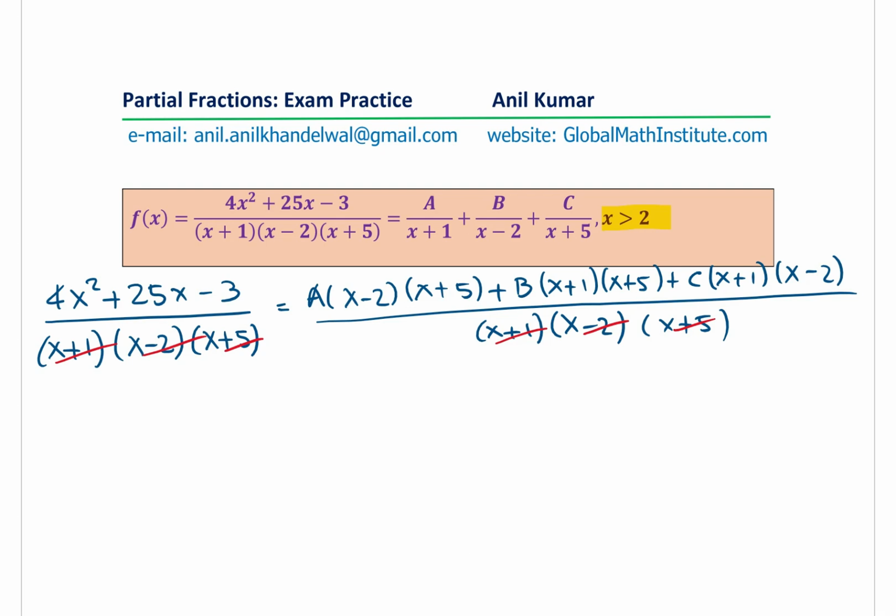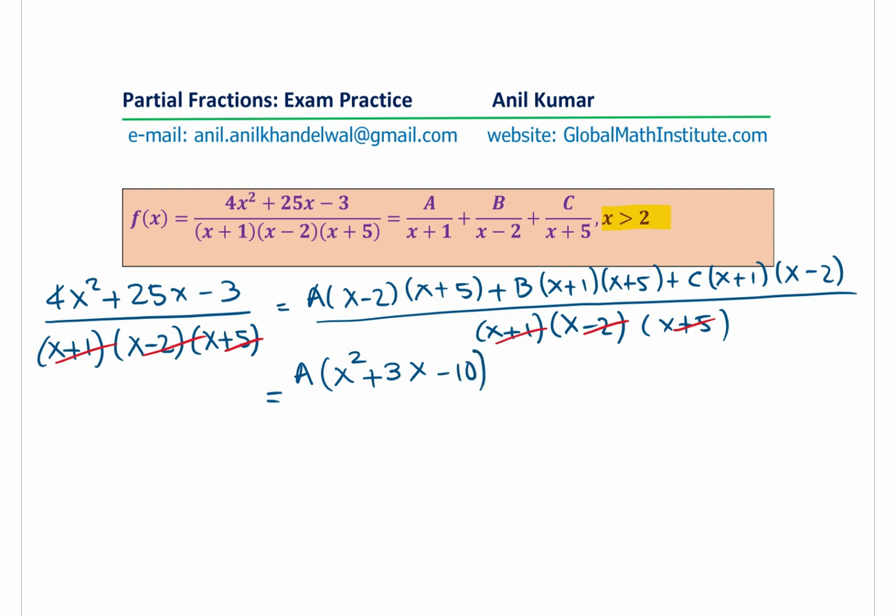So let us expand the numerator part. If you do that, we get what? A times x squared, then 5 minus 2 is 3, so I'm actually cutting down on one step. You could add more steps to it. Minus 10.